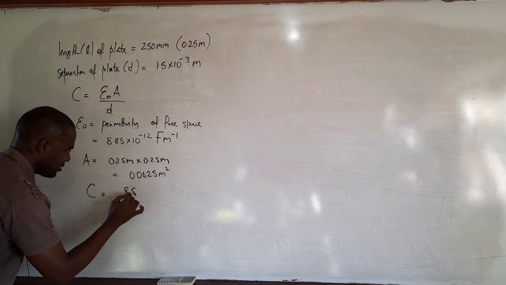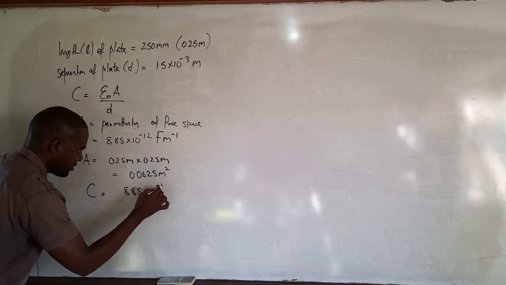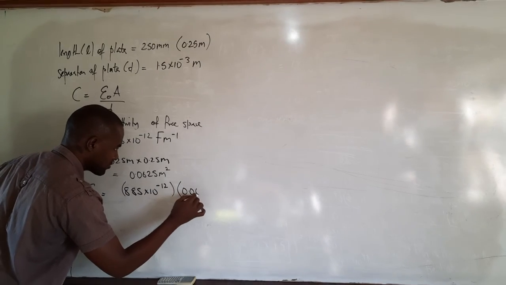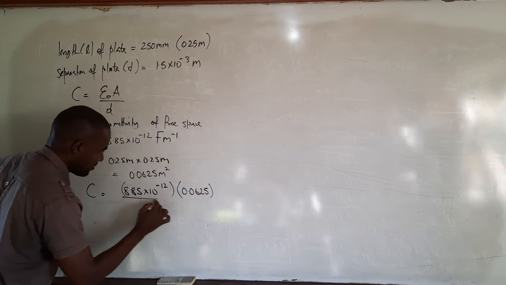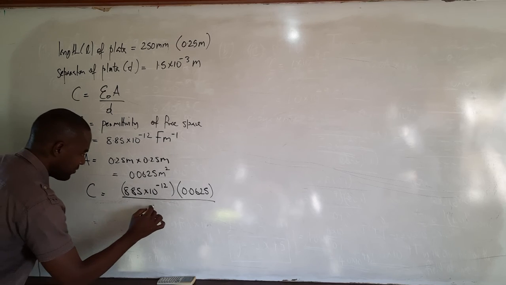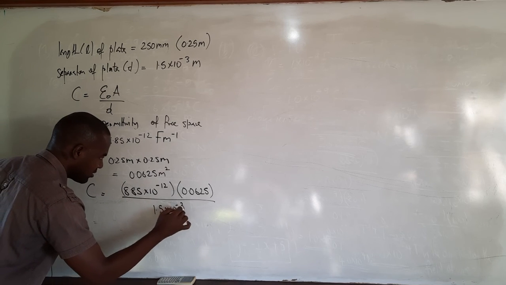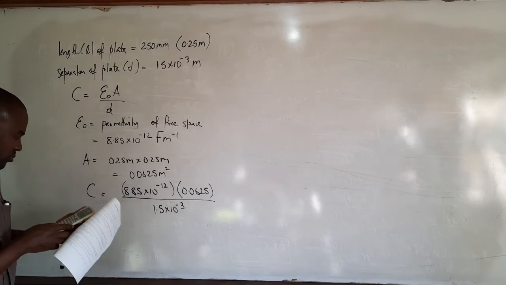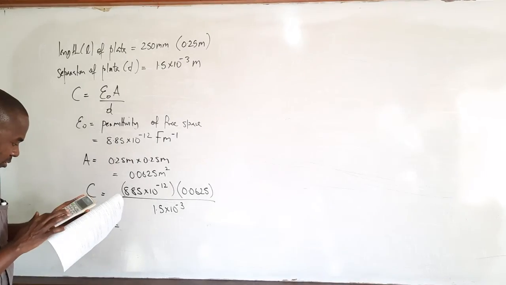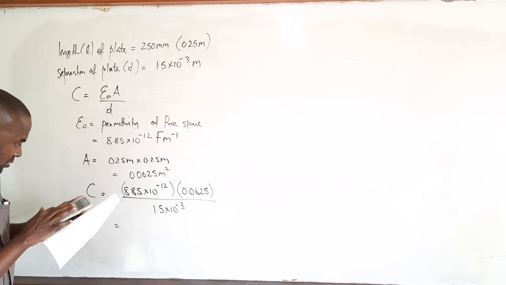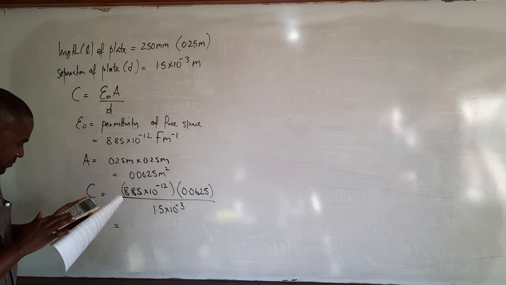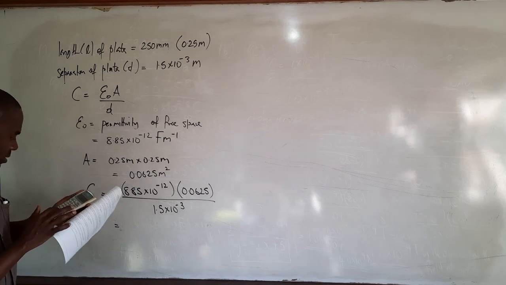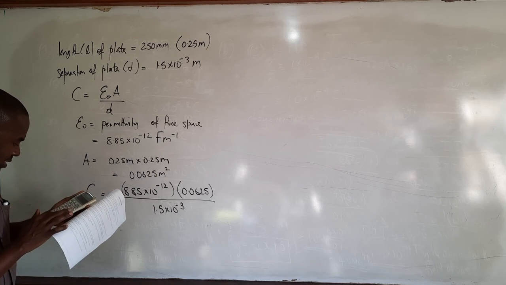And so therefore the capacitance C is equal to epsilon naught A over D. This gives us 8.85 times 10 to the minus 12 times the area of 0.0625 divided by the separation of the plates, 1.5 times 10 to the minus 3. Let's work it out. So we have 0.0625 times 8.85 exponential negative 12, divided by 1.5 exponential negative 3.